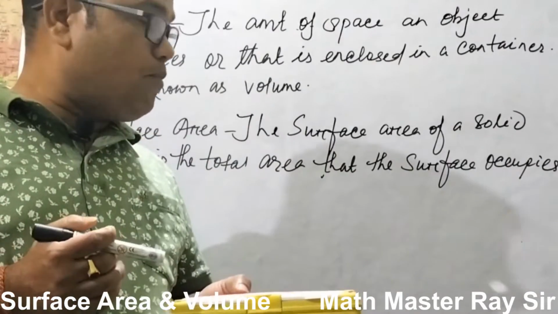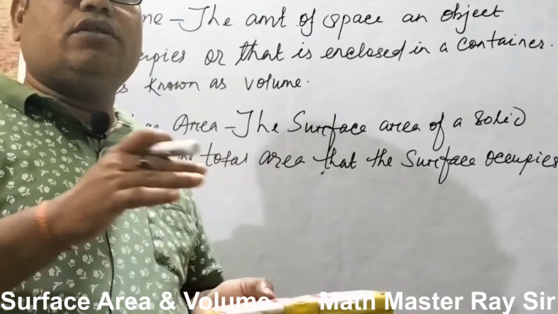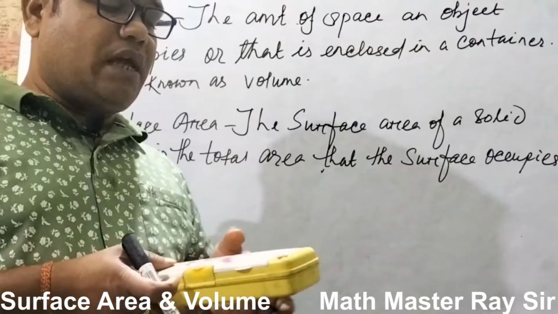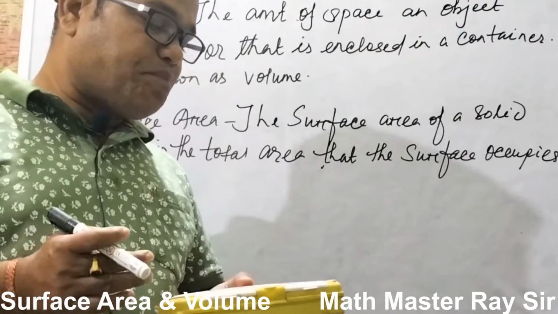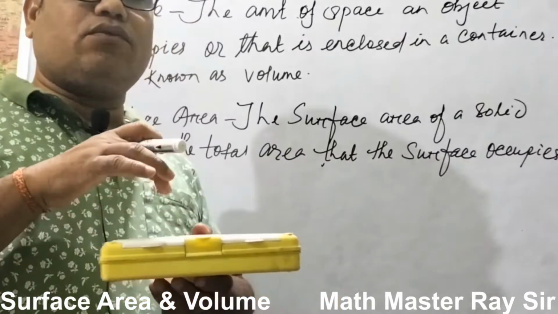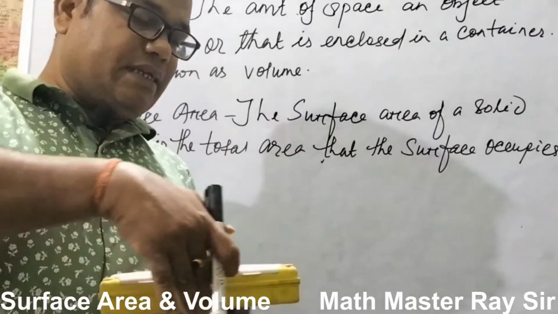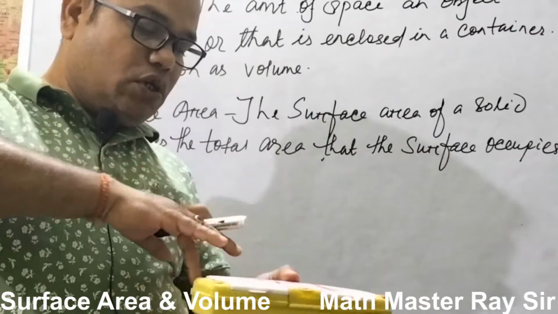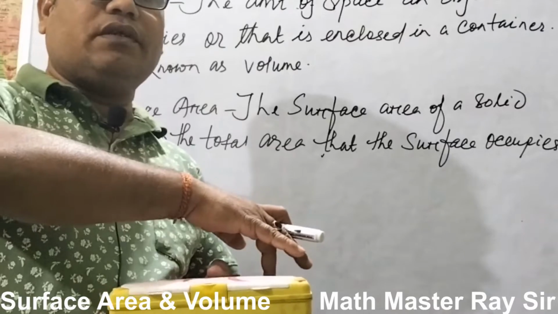Here we will just discuss two surface areas, the total surface area and the lateral surface area. Lateral surface area means you will have to just exclude the uppermost and the lowermost faces. Lateral surface area of the object means the total area of these four faces.